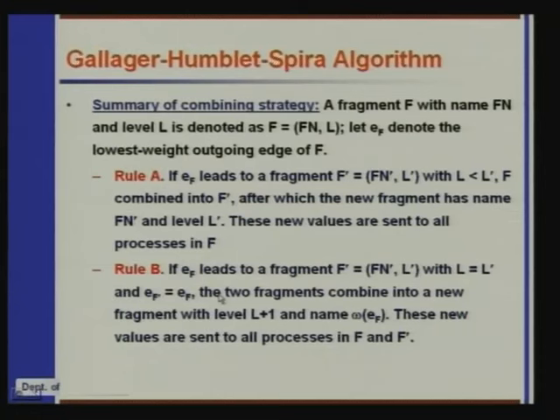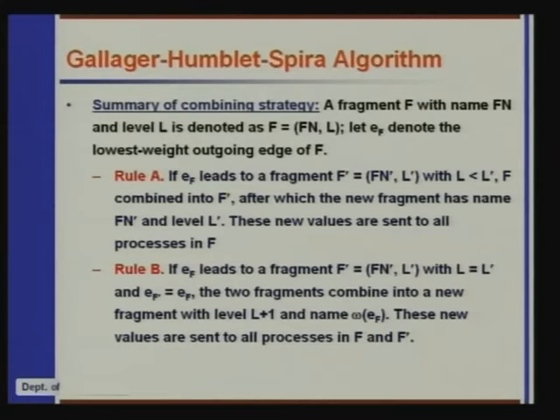The way this is going to work is that the node P, which is on one side of EF, will send a connect message to the node Q on the other side of EF. If the fragment F dash also determines the same edge to be the lowest outgoing edge, then it will also send a connect message along the same edge from Q to P. When both of these are there, they decide that these are to be merged.